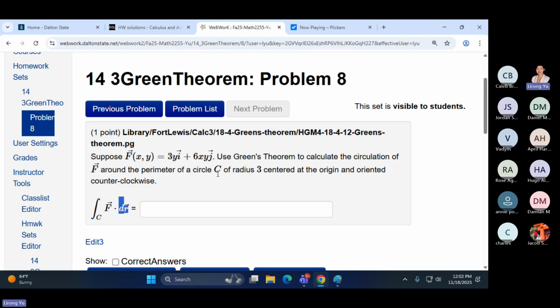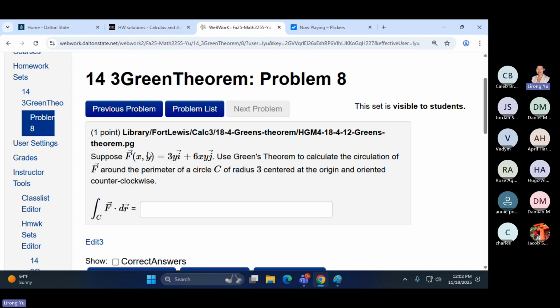You will be integrating theta from 0 to pi, and here it's going to be 3y, where y equals 3 sine theta. So that's 3 times 3 sine theta. You dot product with the derivative vector. So the line integral circulation can be calculated directly.